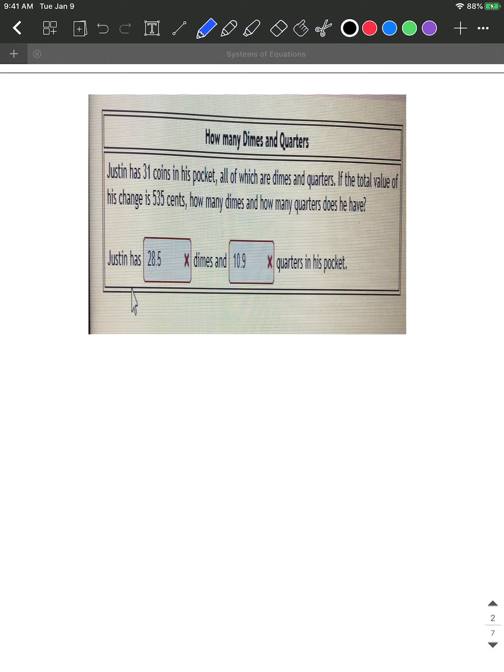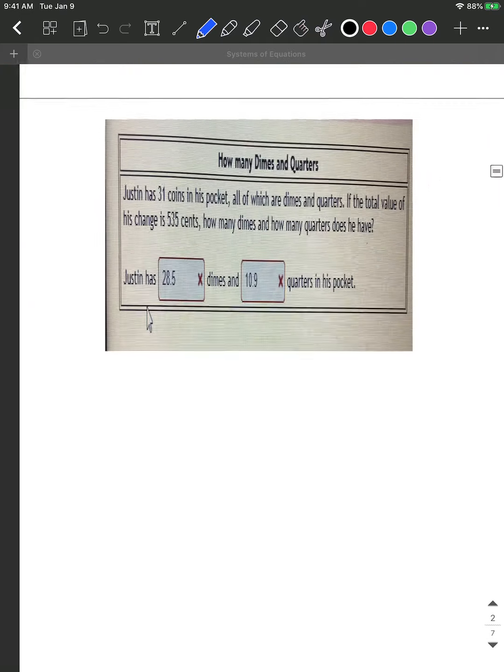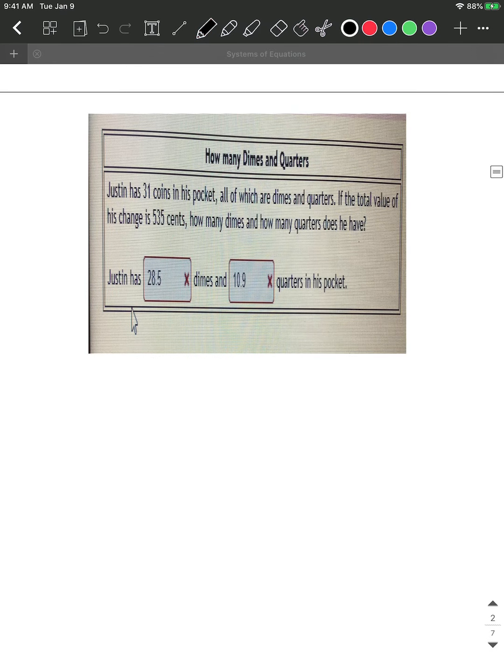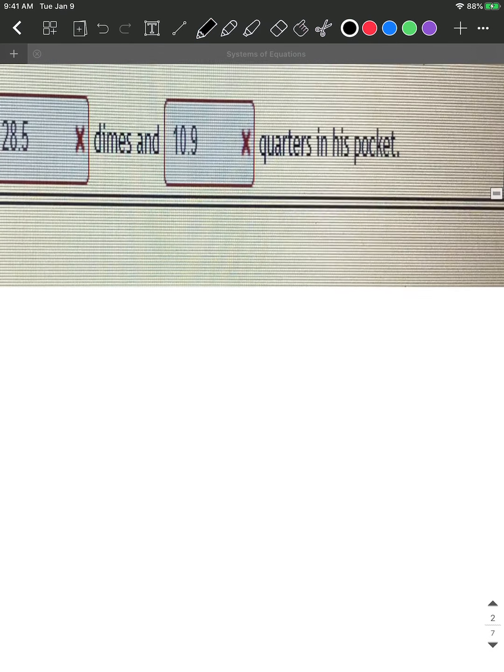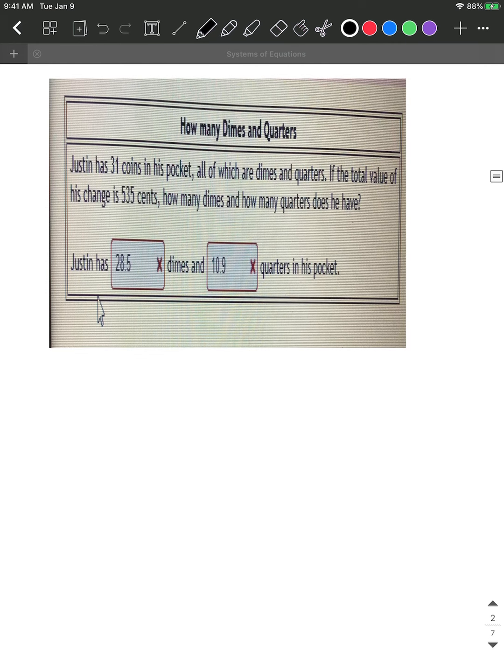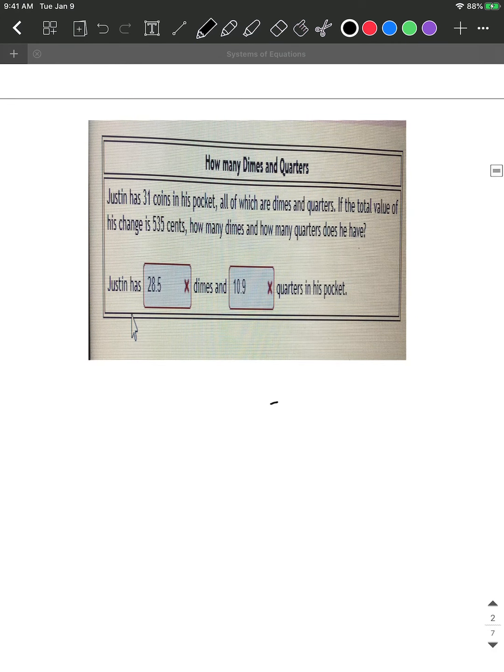We already know how many coins he has. We know he has a total of 31 coins. That we know for a fact. So we can say that is equal to 31 coins, and what we can say now is D plus Q.